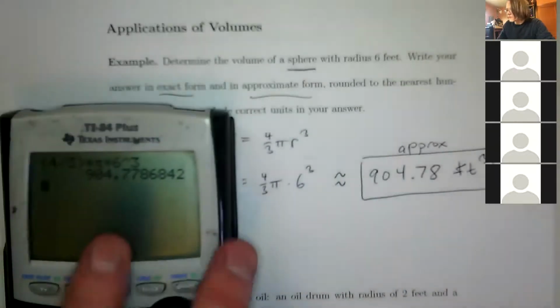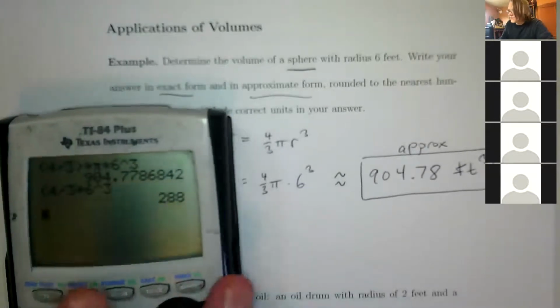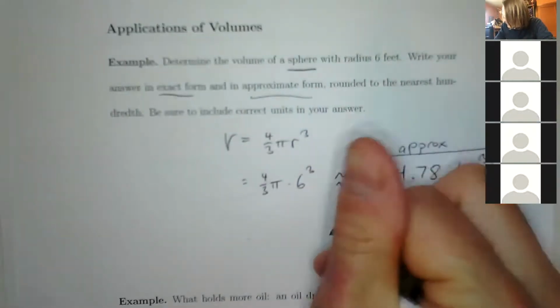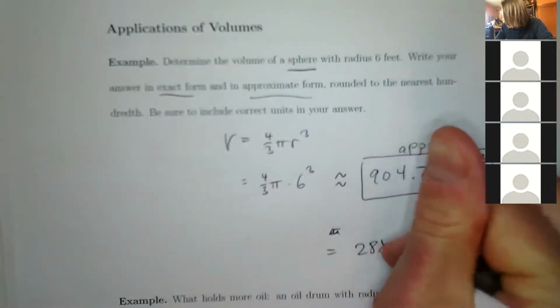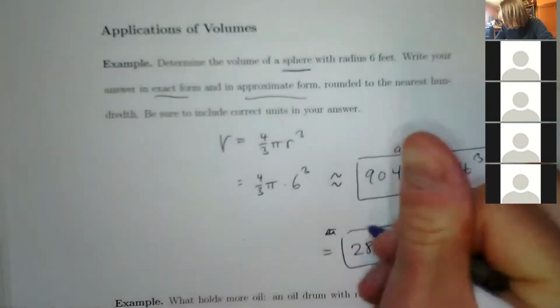Either works. So let's try that. I do 4/3 times 6 cubed, and I get 288. So my answer can also be written as 288 pi feet cubed. That's the exact.